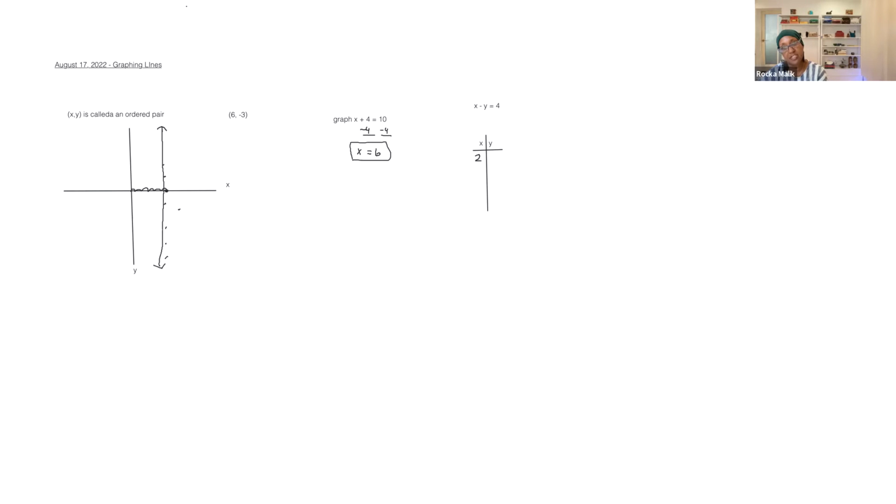I'm going to plug in x is 2, and I'll write it like this, 2, because that's what I said x was, minus y equals 4, which is 2 minus y equals 4.